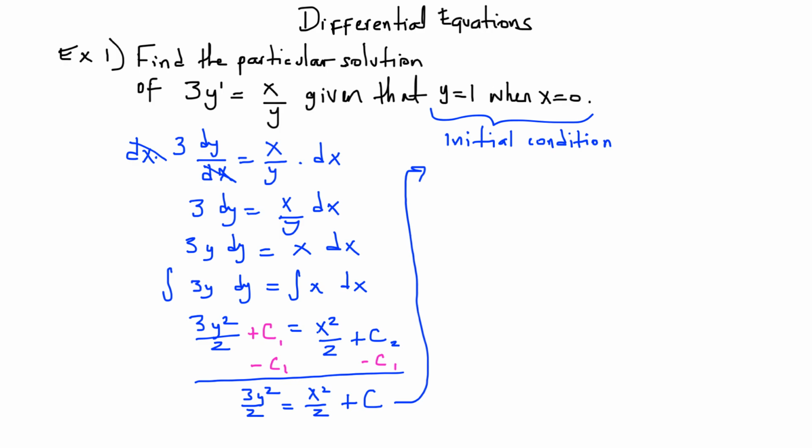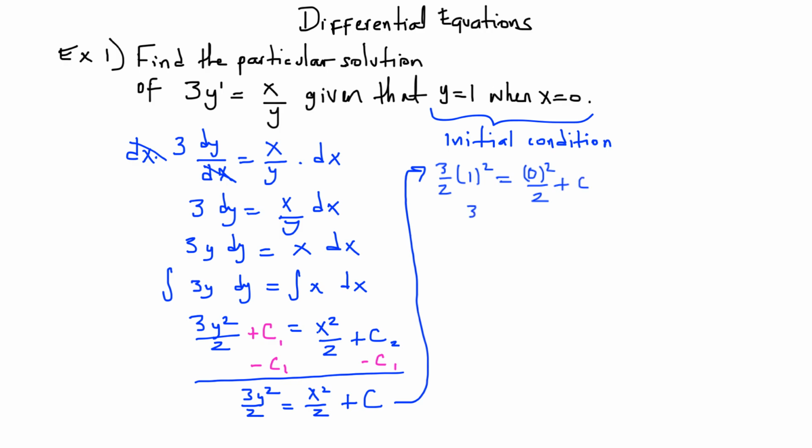How do we find the c value? They gave you an initial condition. So we just do a plain old substitution. We let x be 0, we let y be 1, and we find the c value. So then we have 3 halves, the y value is 1 squared, equals the x value is 0 squared divided by 2 plus your c value.